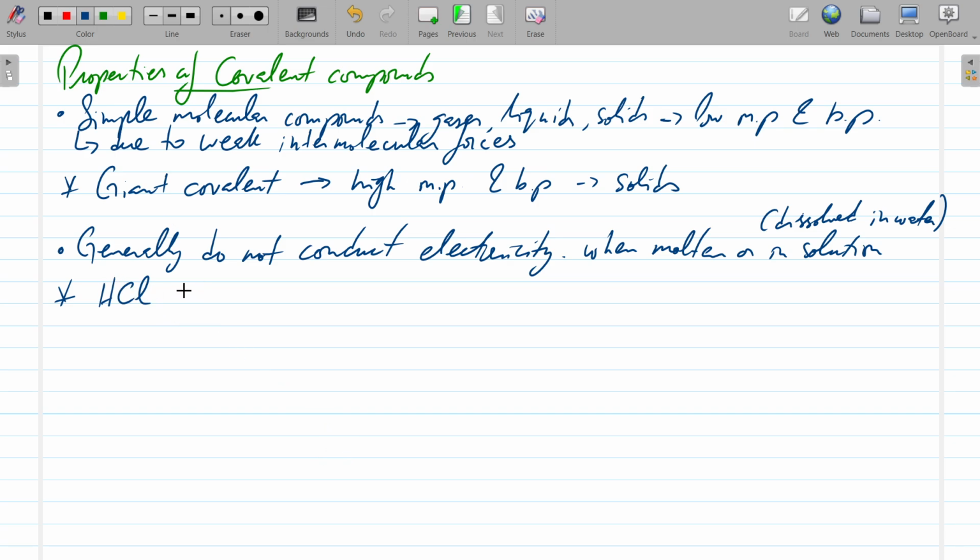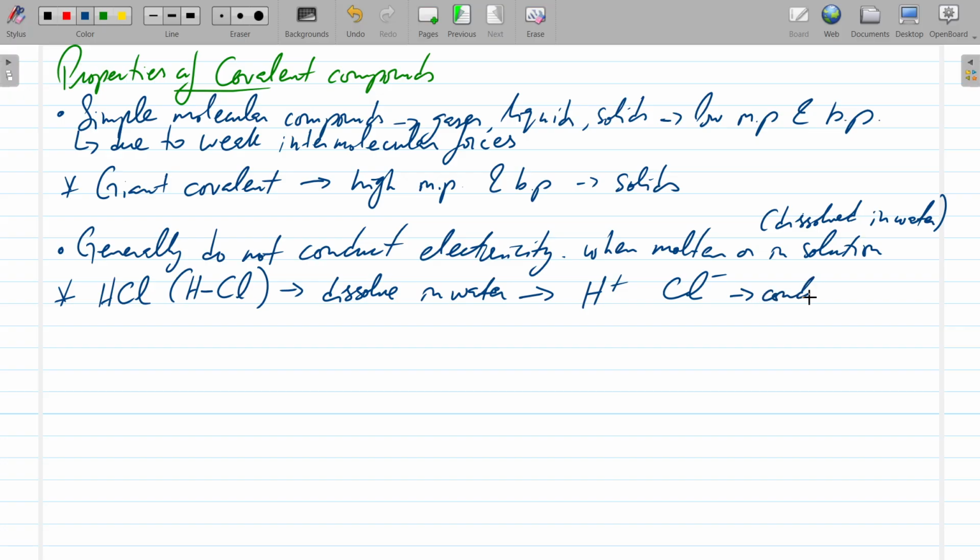HCl is a covalent compound with a single bond between the hydrogen and the chlorine, but it can dissolve in water, and when it does, it actually breaks up into ions. And if it's breaking up into ions, it can conduct electricity. So there are exceptions.